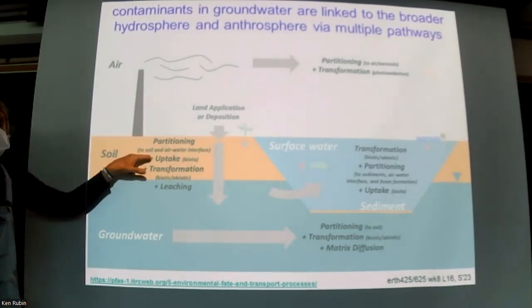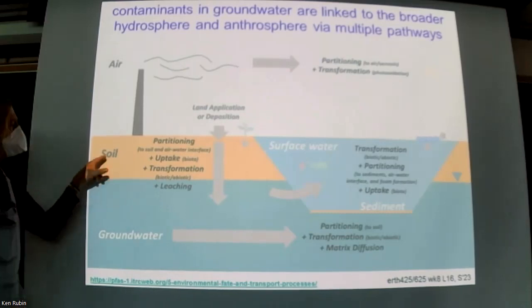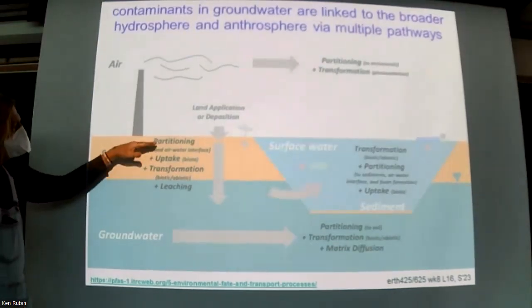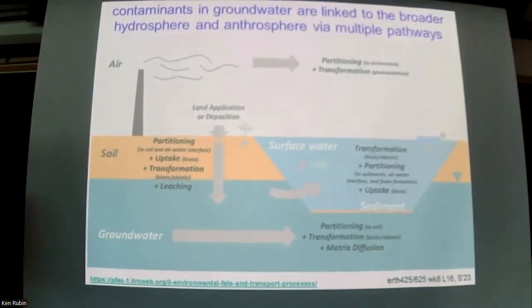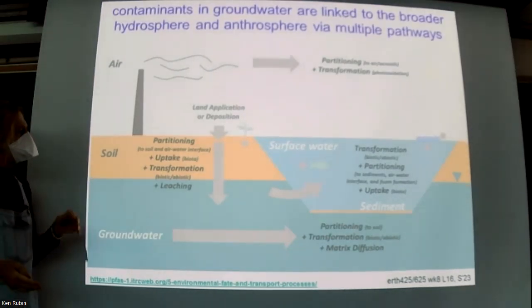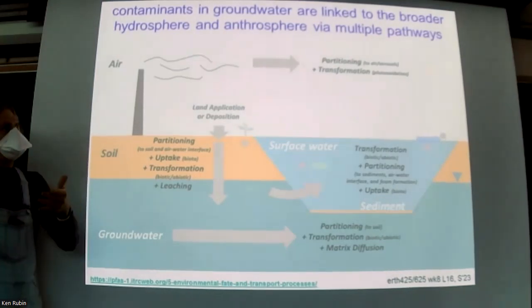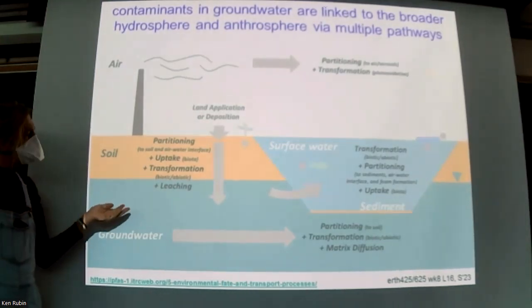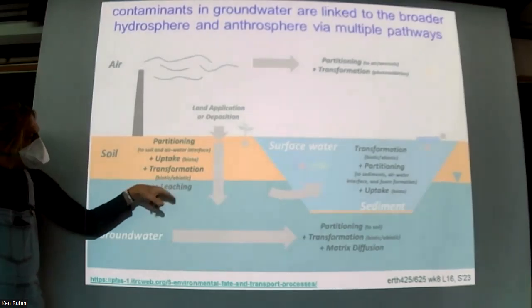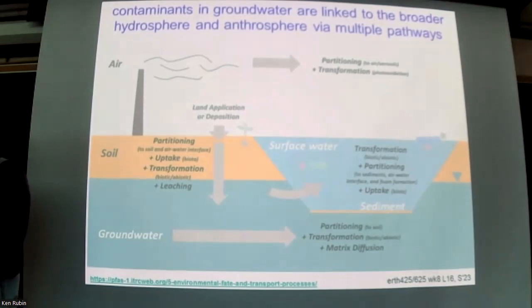We also have transformations that take place by organisms, especially once we get below the surface, but we can also have abiotic decomposition reactions, especially photochemical ones where light interacts with chemicals and changes them. Doesn't mean they go away, it might mean that they transform into something else, more or less soluble, more or less volatile, whatever the case may be. Some component of that gets into the water, and then once the water starts flowing, it becomes transported.